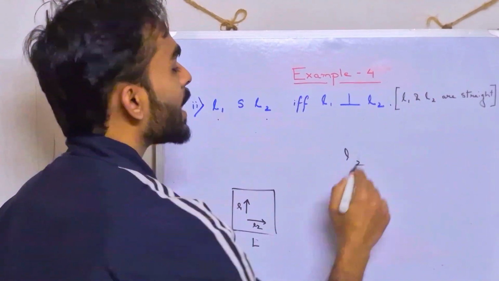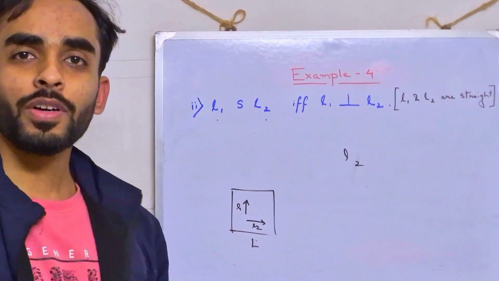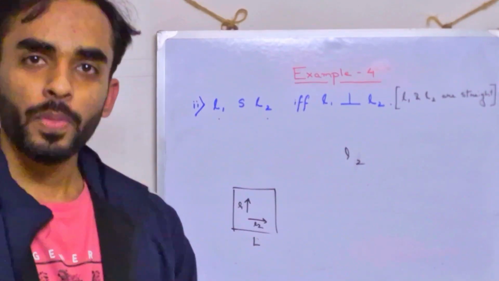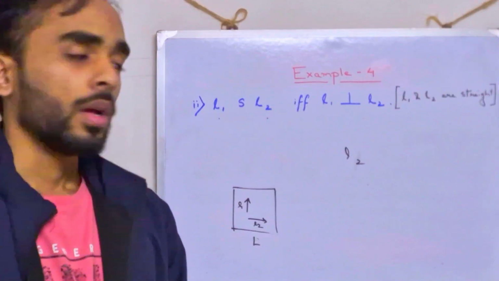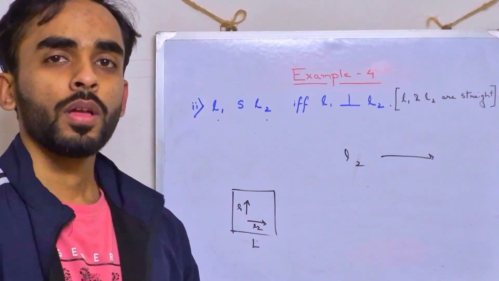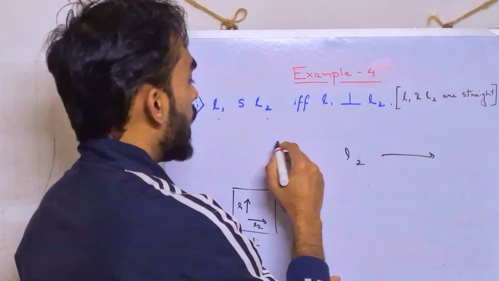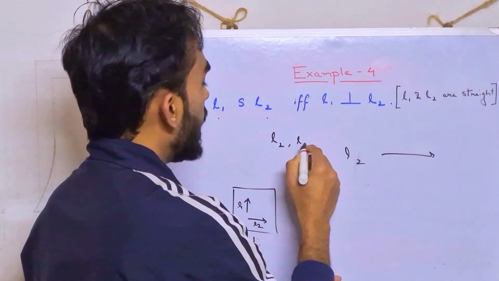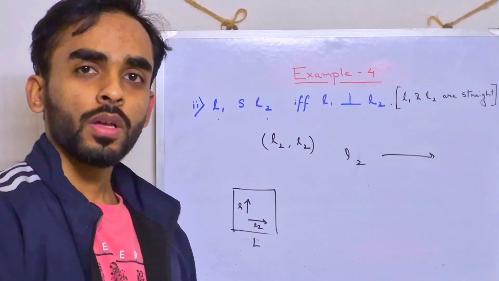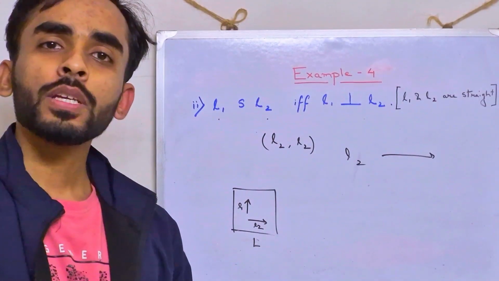In our previous example, we took the first one. In this example, let's take L2. Now, L2 is a line. Is L2 comma L2 in the relation S?